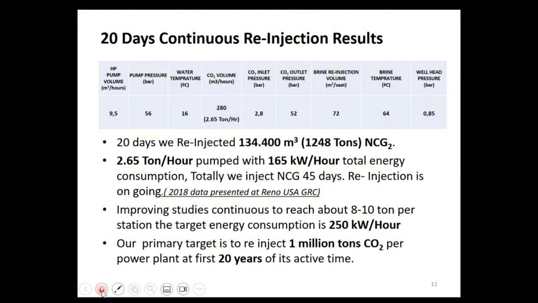This is usually around winter, near-surface underground temperature. And the volume of NCG, or carbon dioxide, was 280 cubic meters per hour. Under this temperature and pressure, it is equivalent to 2.65 tons per hour.